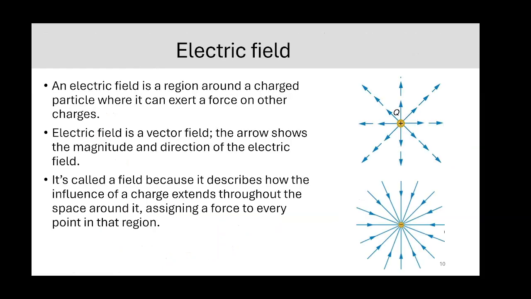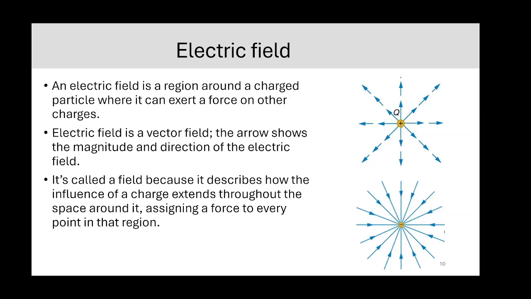Now let's talk about electric field. We talked about electrostatic force, and we said if we have a charged particle, it will exert some force on another charged particle. So this concept of electrostatic force leads us to the idea of electric field. An electric field is a region around a charged particle where it can exert a force on other charge.